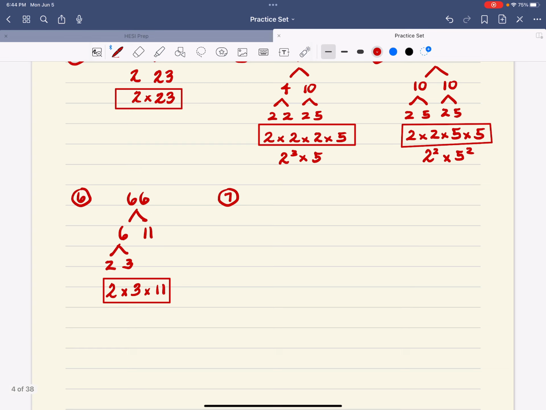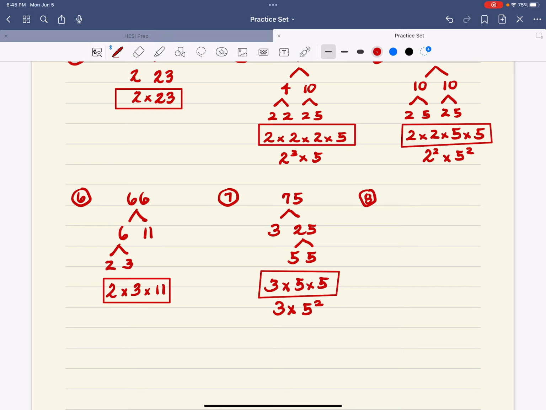Number 7, 75. To me, that's a 3 times a 25. And I break that 25 on down. I have 3 times 5 times 5, or 3 times 5 to the second power. But either way, we have prime factorization. It's important to use those terms.